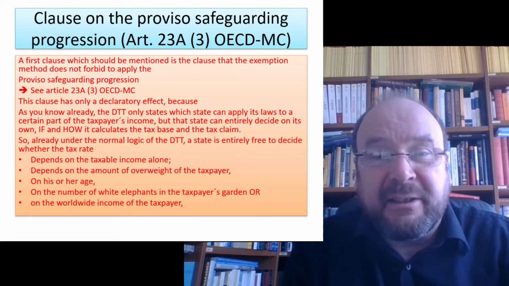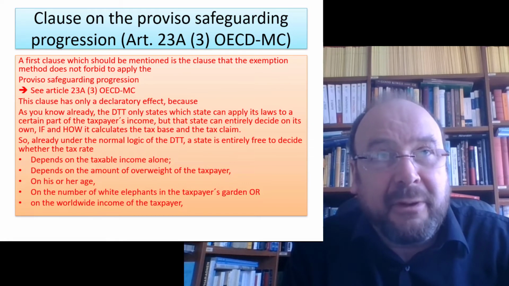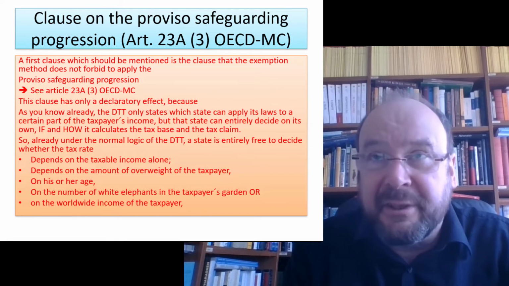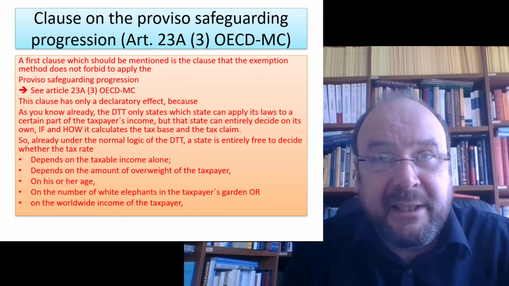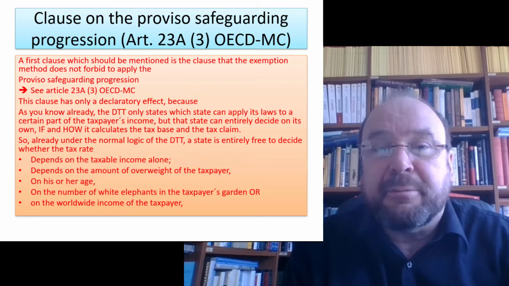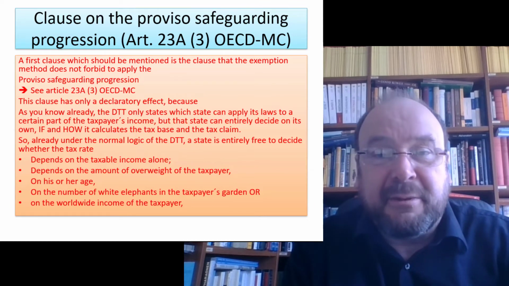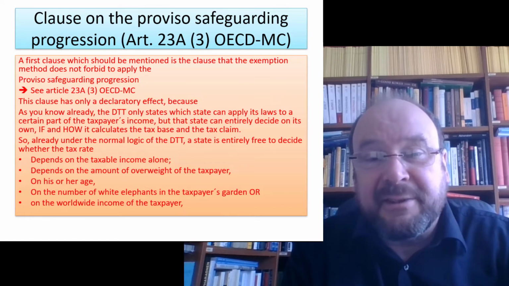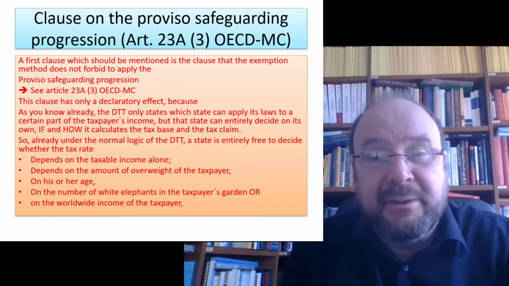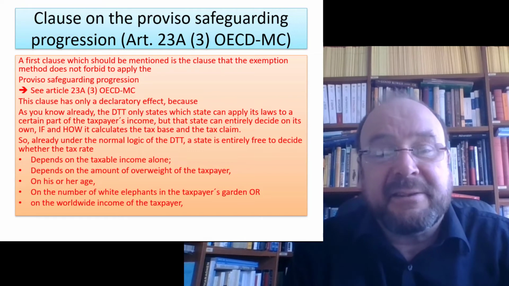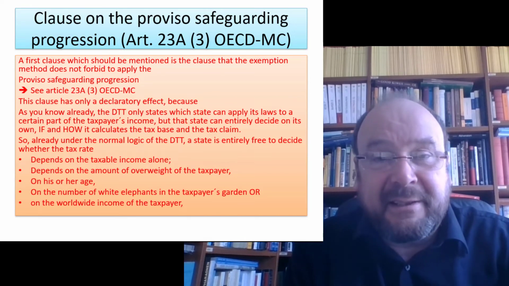So a general thought underlying all international treaties which are thoroughly scripted is that you must foresee every possible misunderstanding and add clauses which exclude such a misunderstanding. And so this proviso clause is of that category.